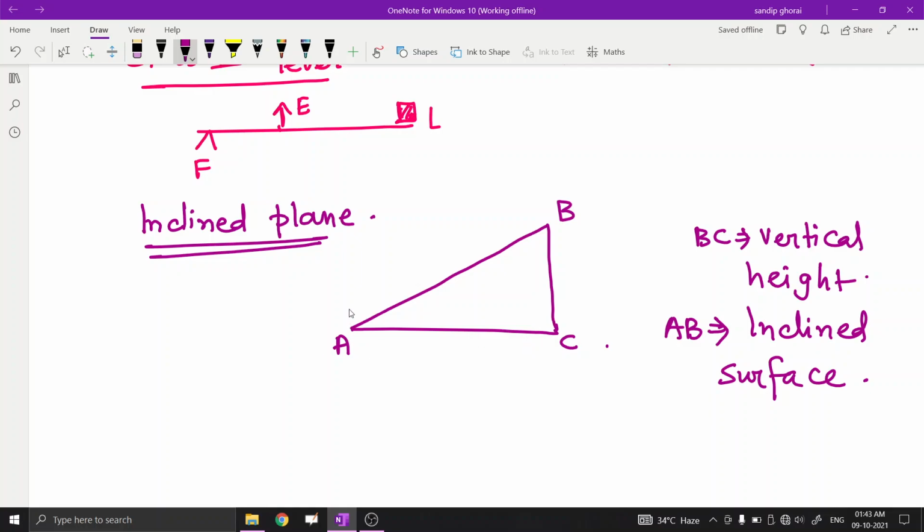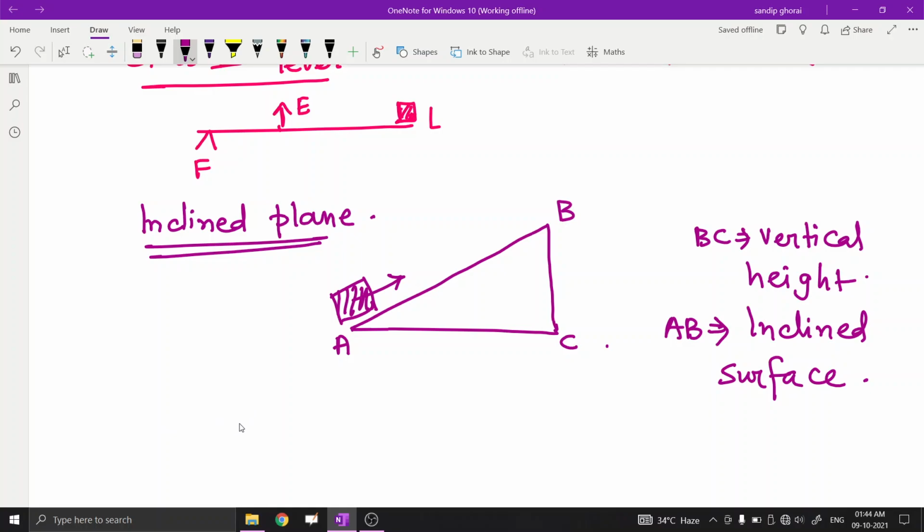Okay, so if we put a heavy box at point A and we apply a force like that, we can easily take the body to the top point B through the inclined surface. Okay, so in this case what is the mechanical advantage of an inclined plane?